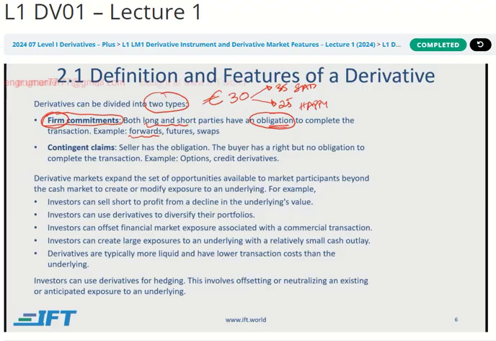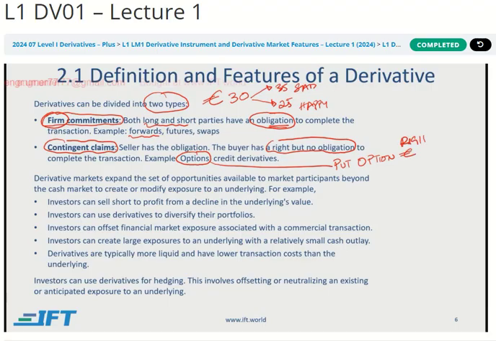Now, there is another type of derivative contract category which is called contingent claims, and one of the examples of that is options. Now let me give you a practical example. So there is a type of option called a put option, which means Amy has the right but not the obligation. So this is very important. They have the right to sell.